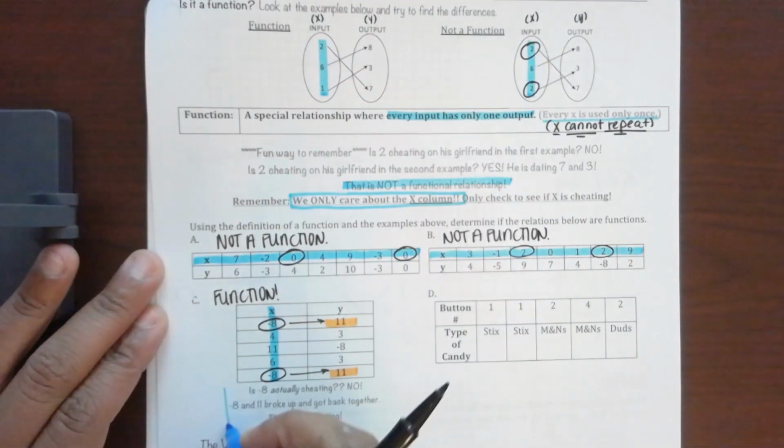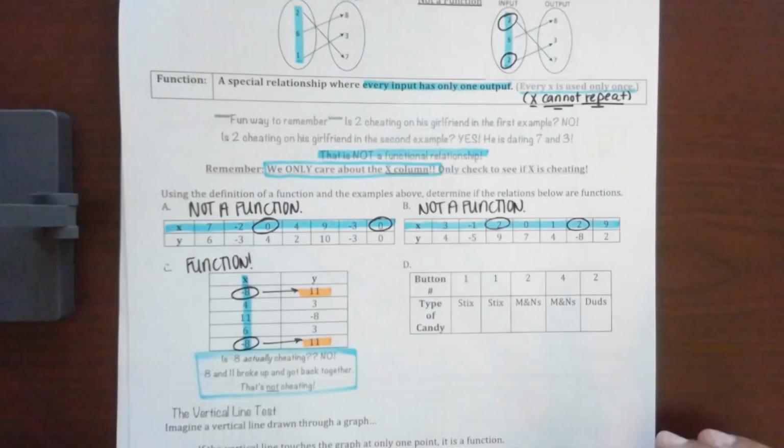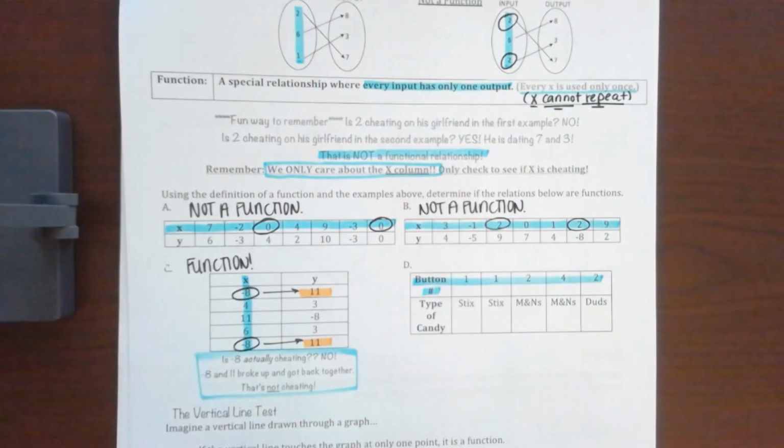If you need more clarification, what I just said is that little box right there that I just highlighted. Looking at D, what am I focusing on? X, which is what? Buttons, right? Because if you push the button, that determines what candy you're getting, right?